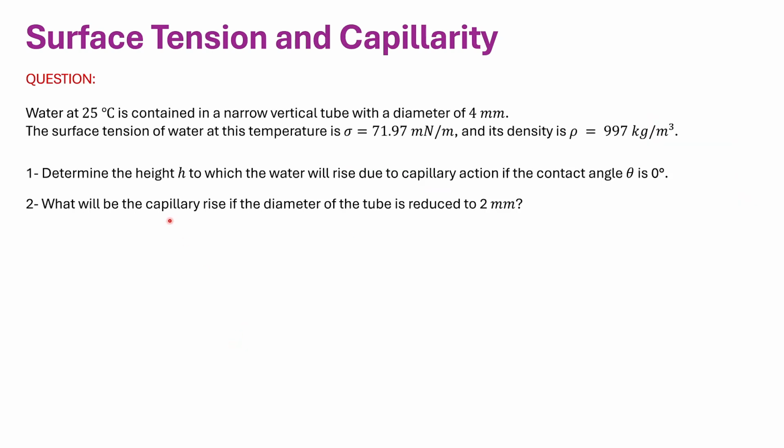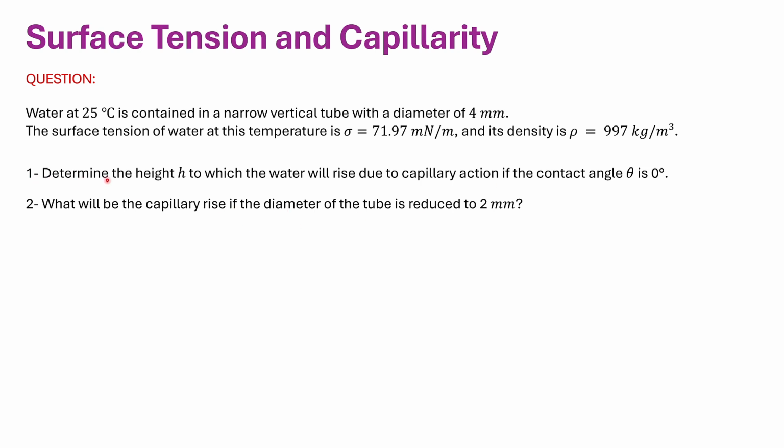Another question: water at 25 degrees C is contained in a narrow vertical tube with a diameter of 4 millimeters. The surface tension of water at this temperature is sigma equals 71.97 millinewtons per meter, and its density is rho equal to 997 kilograms per meter cubed.